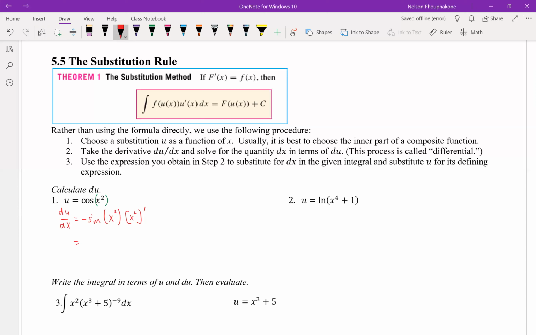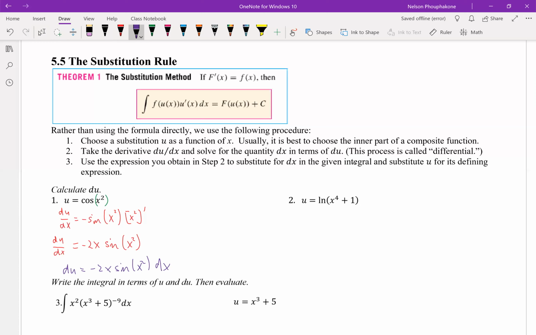So then I will have negative 2x sine of x squared. This is my du/dx. However, when we try to write the differential, we solve for du and move the dx to the other side. So this is the idea of how we actually work with du.